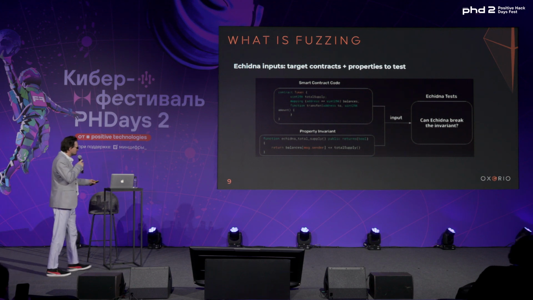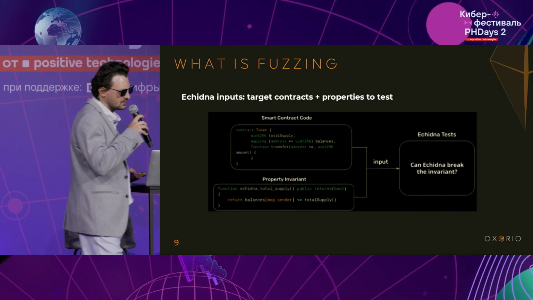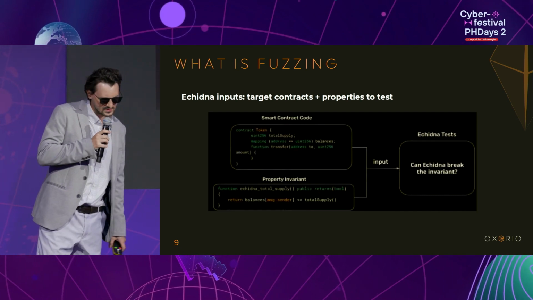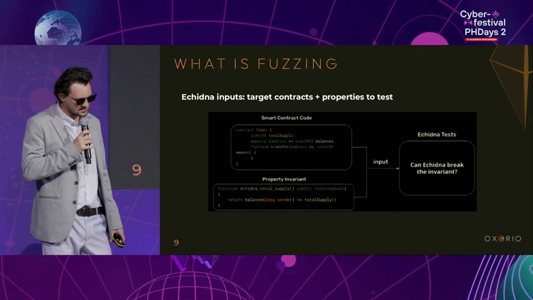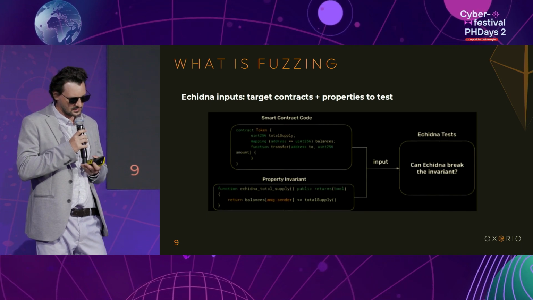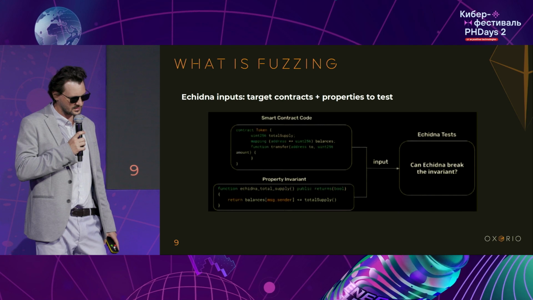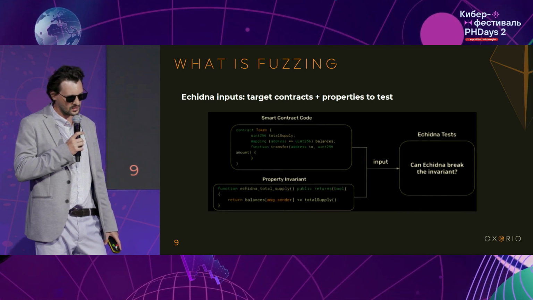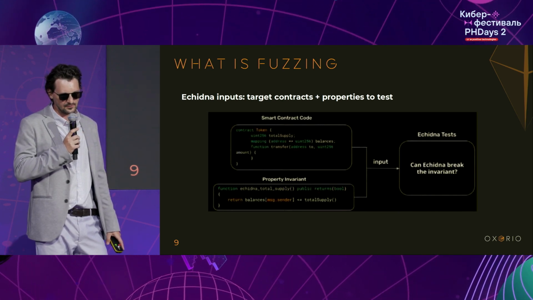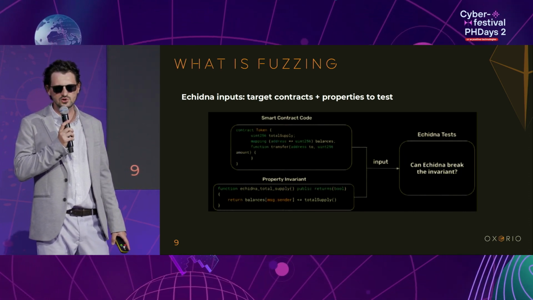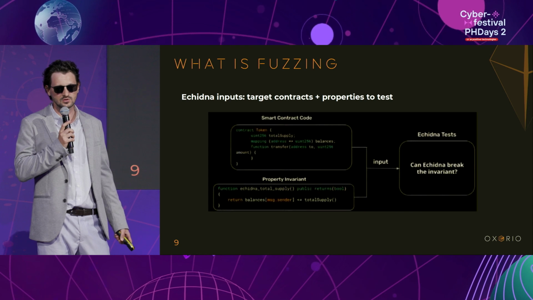Now let's take a look at what the code looks like. We have a smart contract token where we have the total supply, the balance and the transfer function. And we set the property which was mentioned previously: the balance of the message sender, of any user, should be less than the total supply.